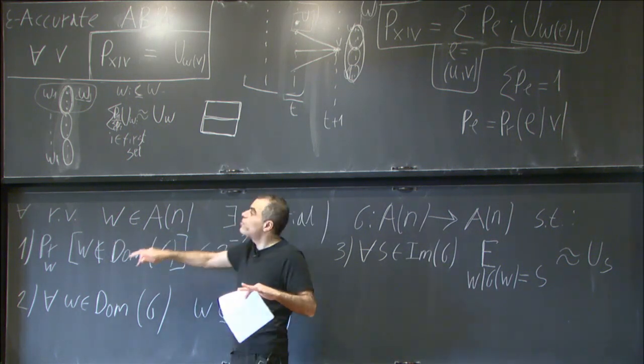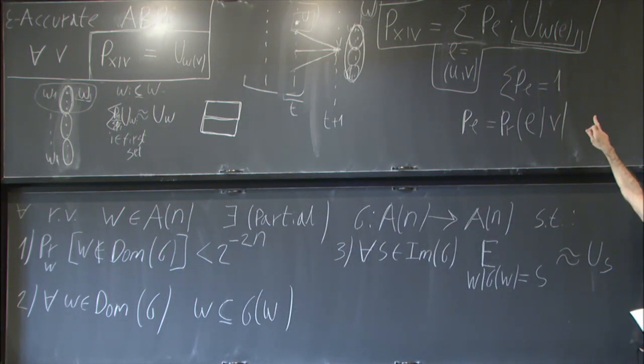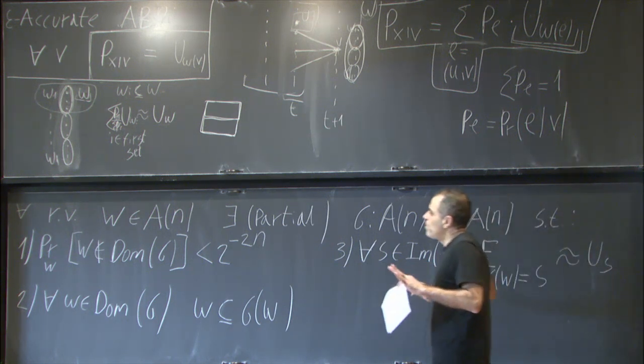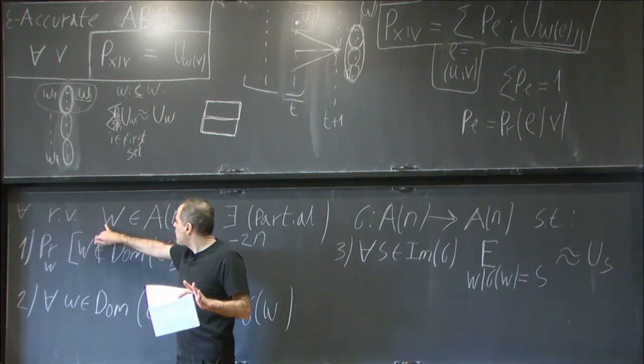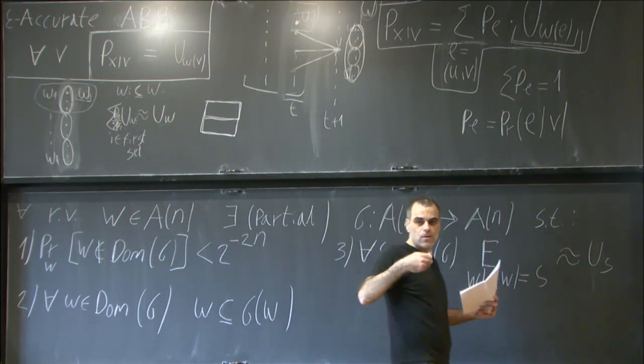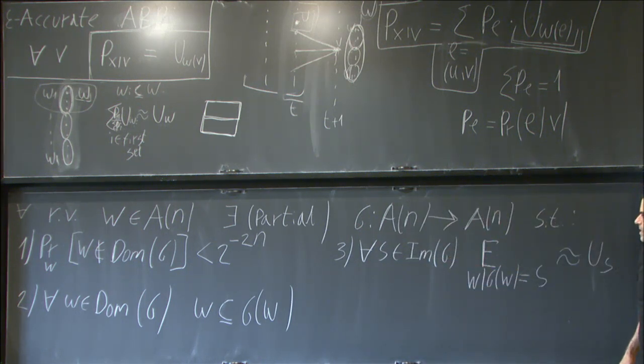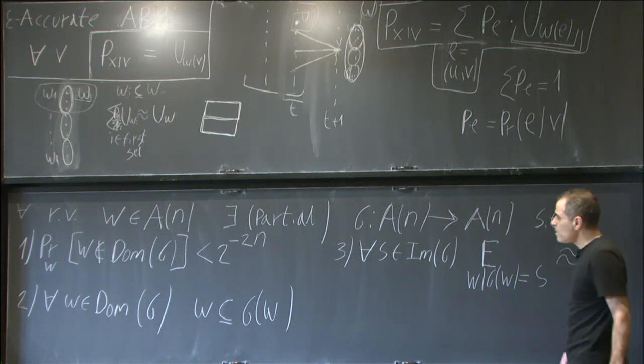We think of this WE as a random variable in AN that gets the value WE with probability PE. But the lemma is general. Take any variable over AN. So it's a random variable whose values are affine subspaces of 0, 1 to the n.